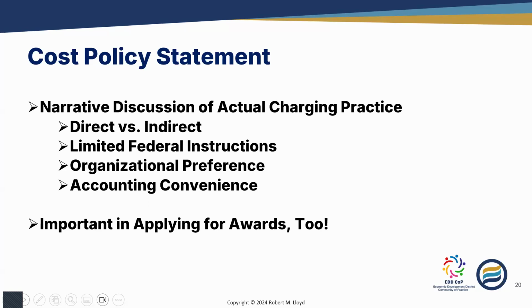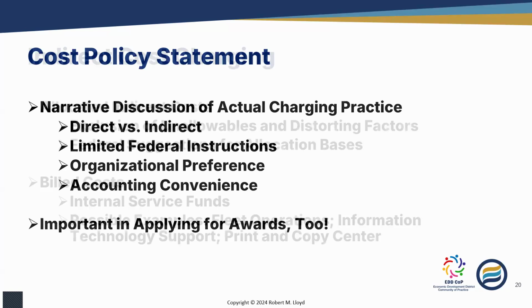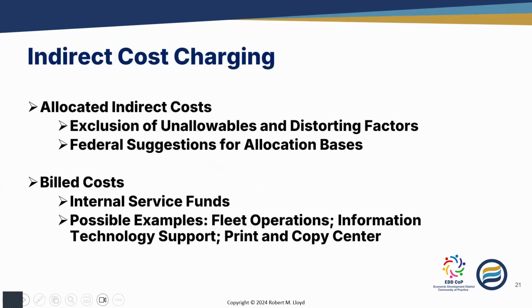With respect to indirect cost charging, the next step, slide 21, is to take the allocated indirect costs and exclude any unallowables or distorting factors.